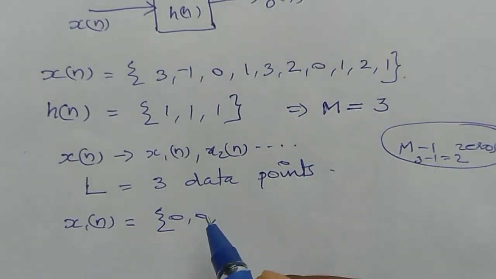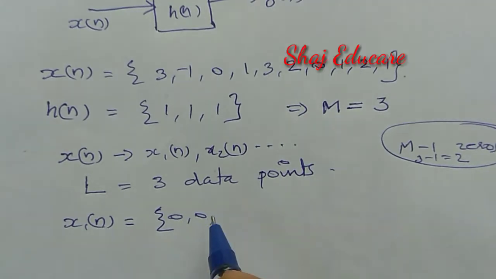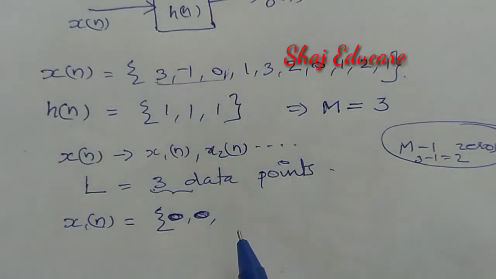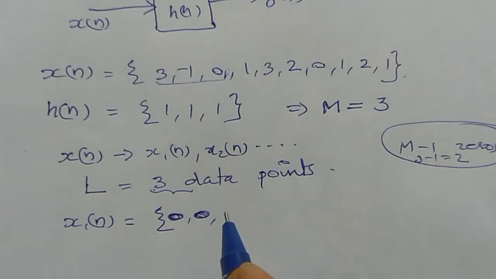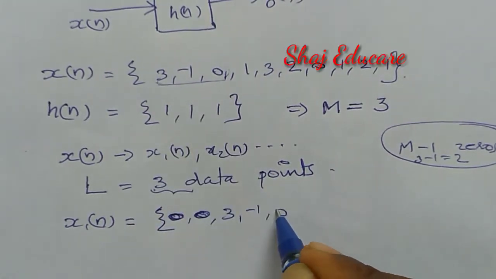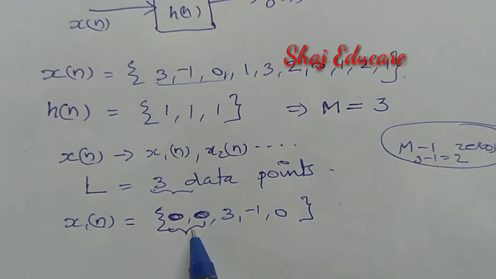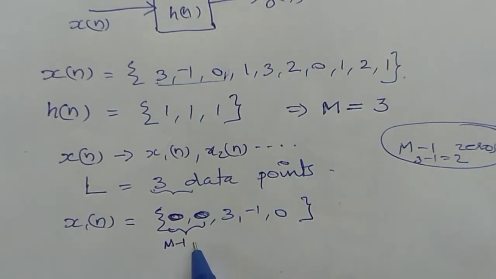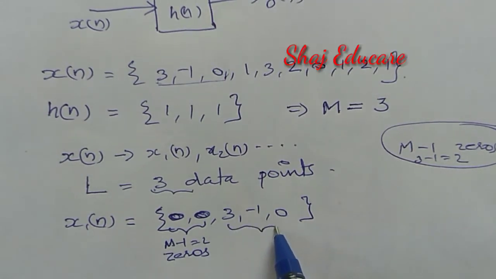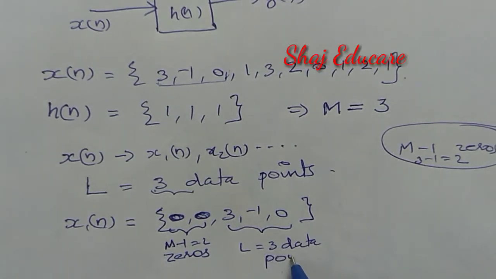We take the first 3 elements, minus 1, 0. This step is over. These are m minus 1 equal to 2 zeros, and these are L equal to 3 data points.